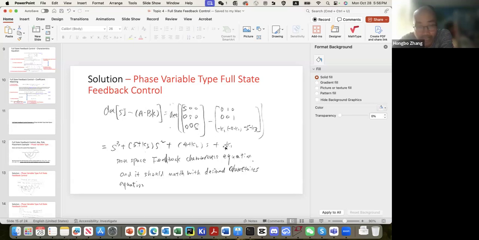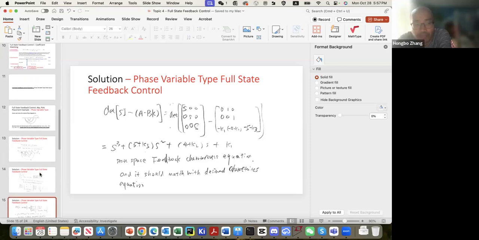That's how you do it. However, this is not everything. We may want to calculate anyway. If you don't want to calculate by brute force, you can use the shortcut. But this correspondence only holds for phase variable type.